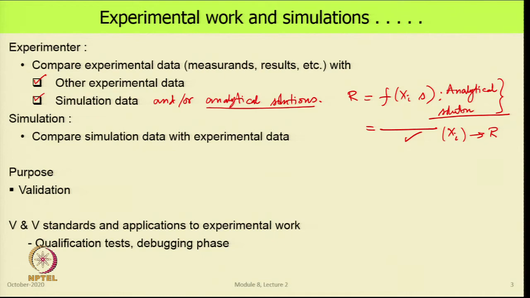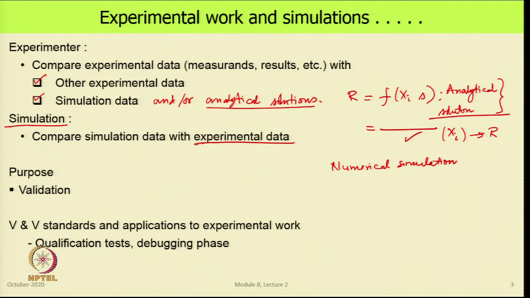There is the companion solution aspect that comes up, where either we or somebody else has done a simulation, and by simulation we mean a numerical simulation. And we want to compare the simulation data with experimental data.